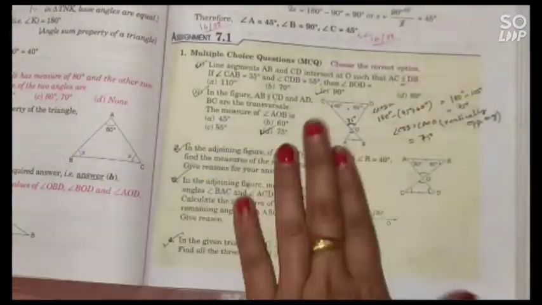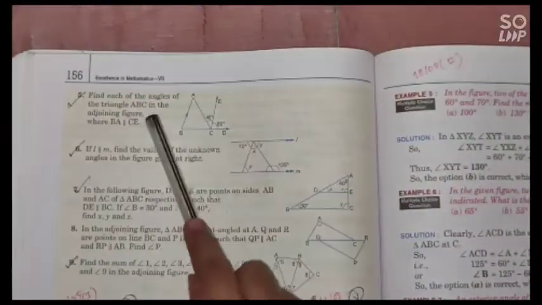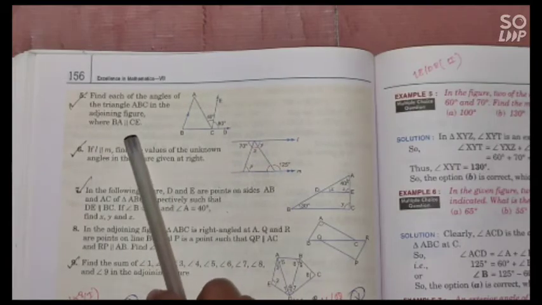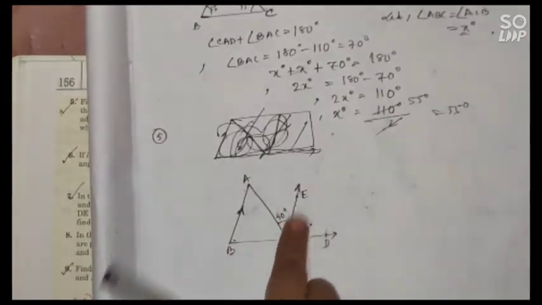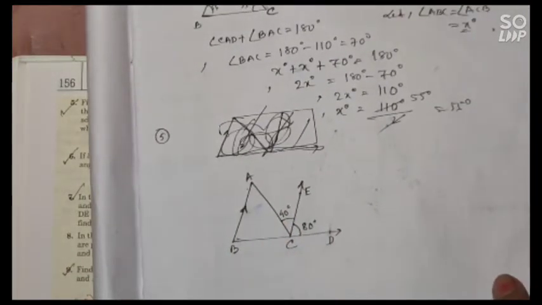Next, question number 5. Find each of the angles of the triangle ABC in the adjoining figure where BA is parallel to CE. BA parallel to CE. You have to find the angles.